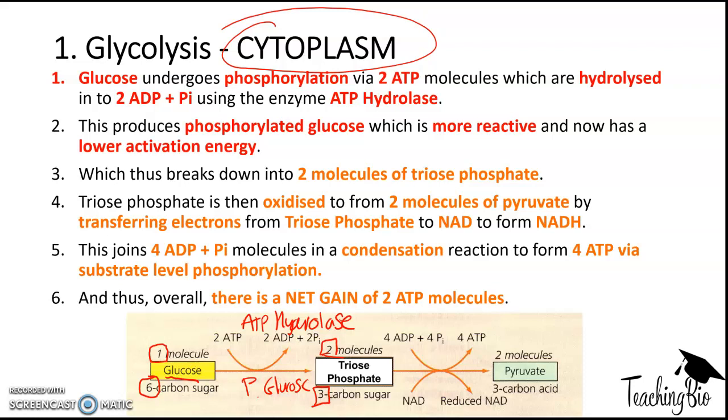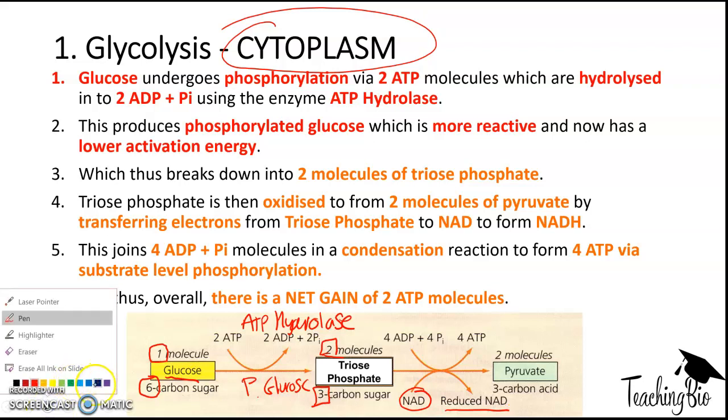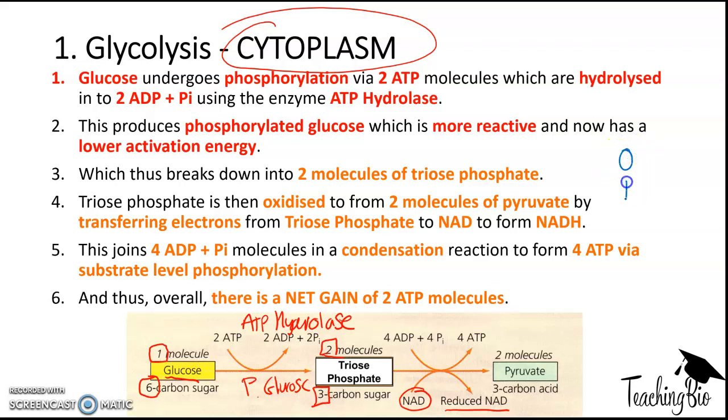Now, the 2 molecules of triose phosphate are each oxidized to form 2 molecules of pyruvate via the transfer of electrons from the triose phosphate to NAD, which will then form NADH. An important thing to remember with all the steps here is OIL RIG, which you may or may not have heard of before.